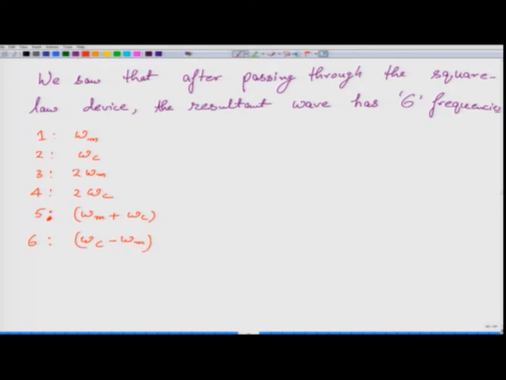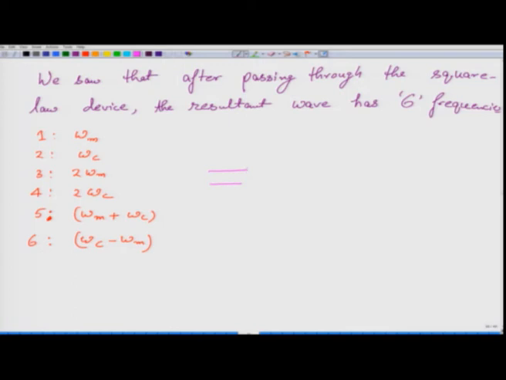Now, if you remember correctly, the 3 frequencies that should be present in an amplitude modulated wave are omega c, that is the carrier frequency, and only 2 side lobes, one at omega c plus omega m and the second one at omega c minus omega m, whereas we are getting 6 different frequencies plus some DC part as well, which does not depend upon any frequency.